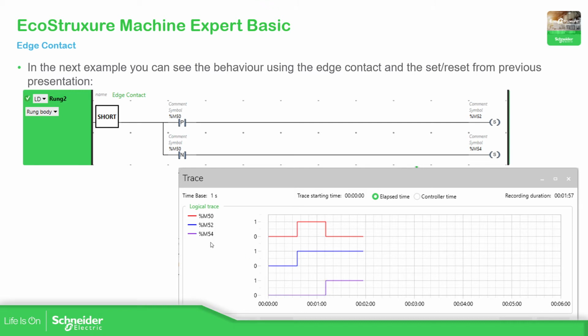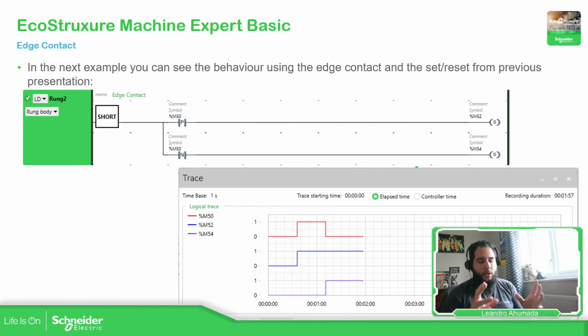So this is just a small explanation of how it works and how you can use it in your logic to set or create a movement when you have a falling or rising transition of the variable that you have.